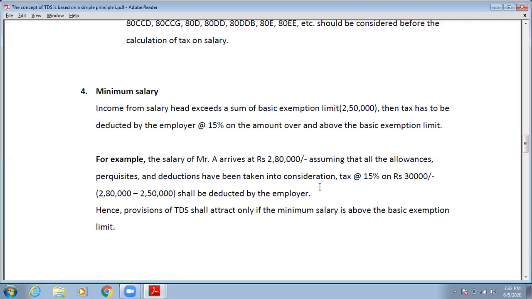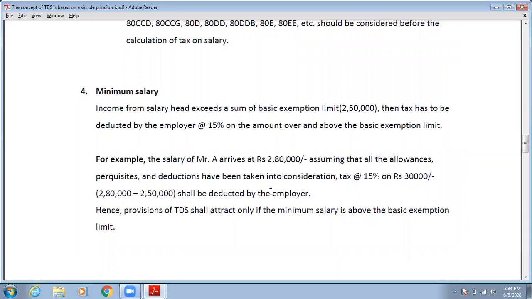So the tax which the company will deduct will be, I think, 4,500. Yes, 4,500 tax has to be deducted, and the remaining amount the company will pay to Mr. A. Hence, the provision of TDS applies only if the salary is above the basic exemption limit.